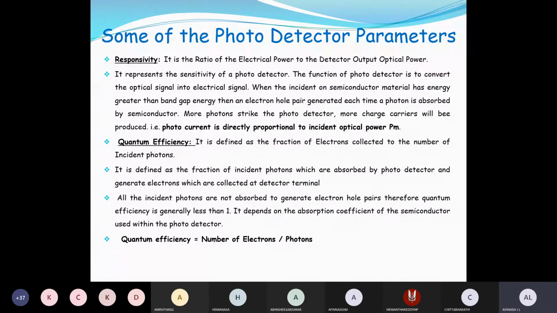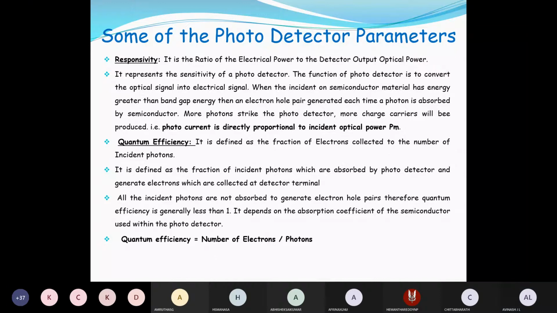So in either way it is going to happen. Once it comes back from the higher energy level to the lower energy level, it is going to emit a photon. Obviously the generation of photons and light is going to happen. So the more photons strike the photodetector, the more charge carriers will be produced.